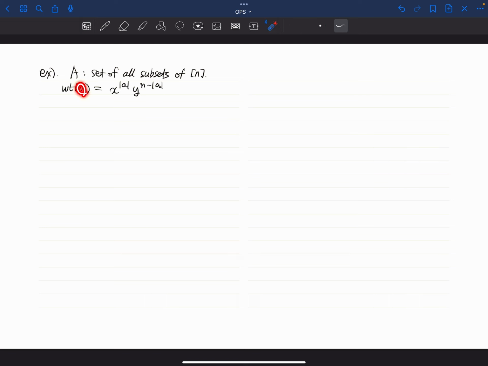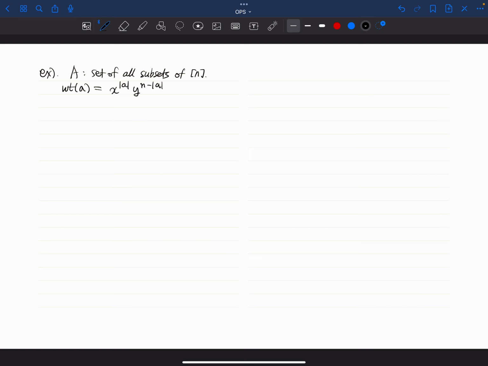So a is an element in A, which means it is a subset, so it has a cardinality, the number of elements in the set. This is an integer, and n minus |a| is also an integer. So the weight is defined like that.